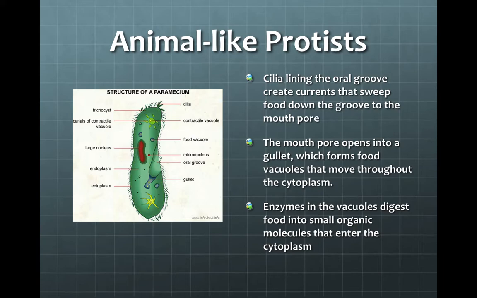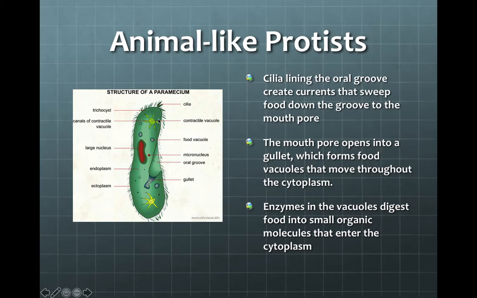Enzymes in the vacuoles digest food into small organic molecules that enter the cytoplasm. Vacuoles don't digest the food, enzymes do that. The vacuoles are just places that can hold food and stuff, or water and stuff. So basically this is just telling you how it's getting its food. It's a heterotroph, so it's got to get its food somewhere else.